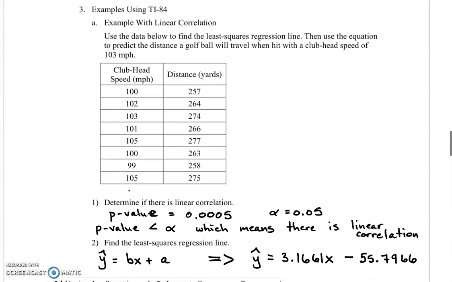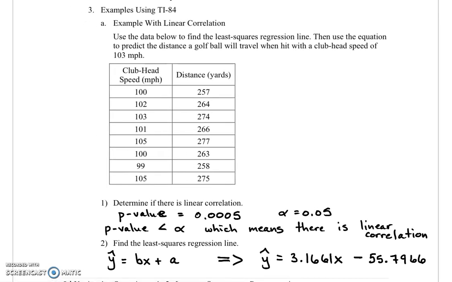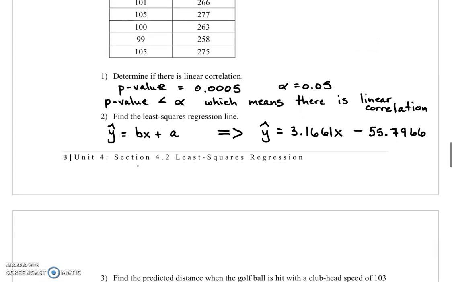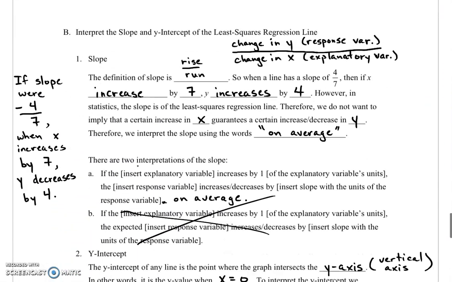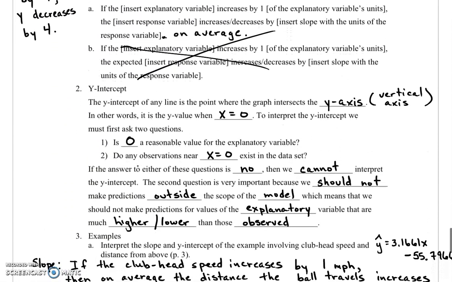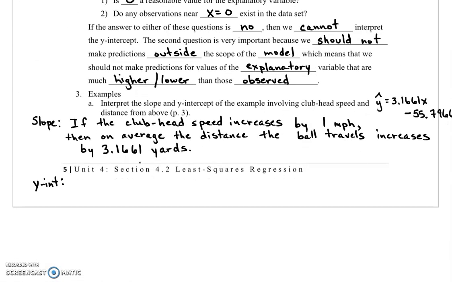So here's the explanatory variable, the club head speed, and we need to know if there are any values there that are close to 0. Well, the smallest club head speed we have is 99 miles per hour, and that is not anywhere close to 0. So we have answered no to question 2 that we have to ask ourselves when we interpret the y-intercept.